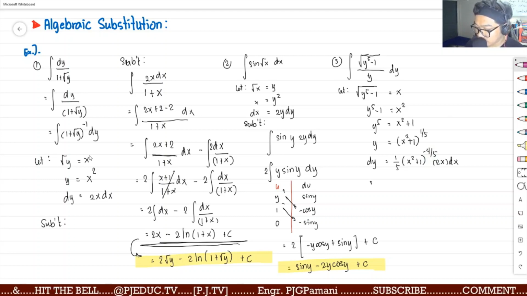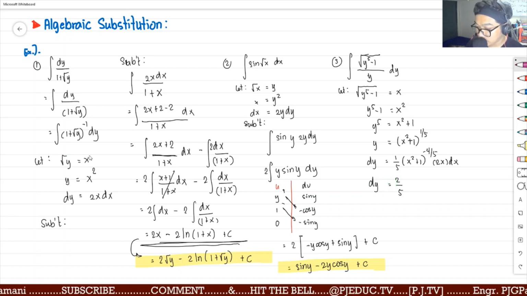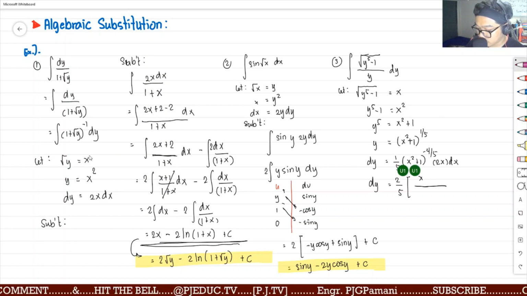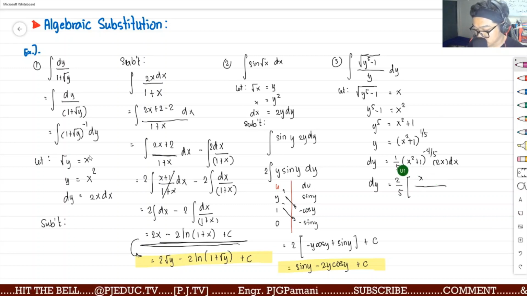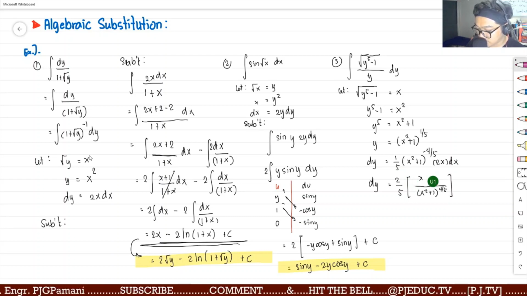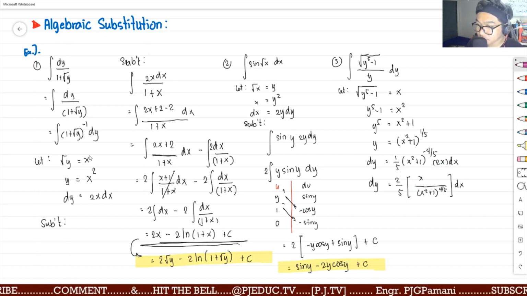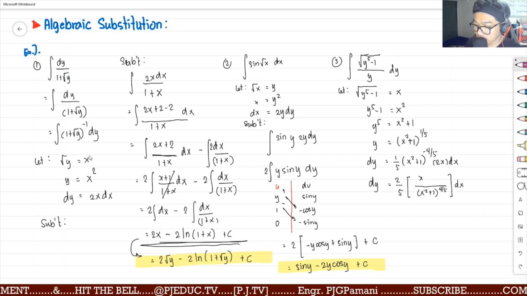Simplify further. dy is simply equal to 2/5 of, that is a negative exponent, or simply x over x squared plus 1 raised to 4/5 times dx. Okay? So, ayan ha.